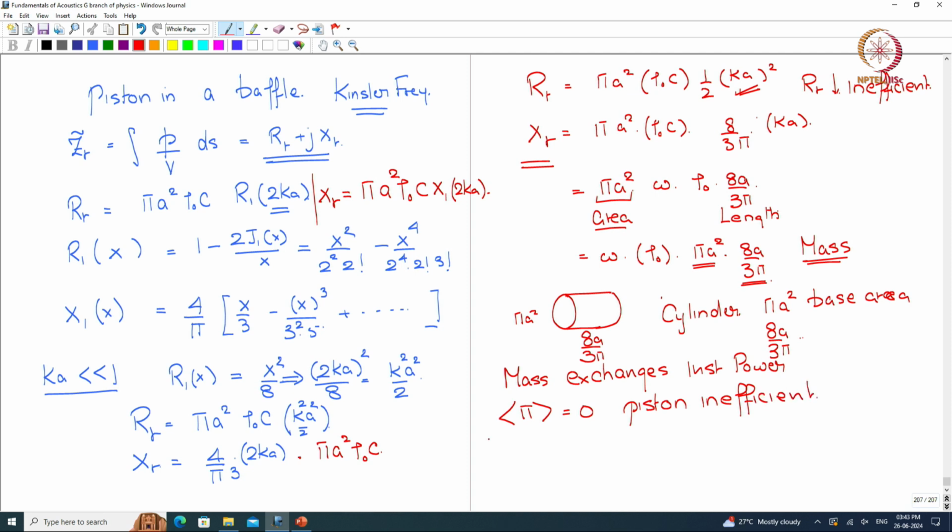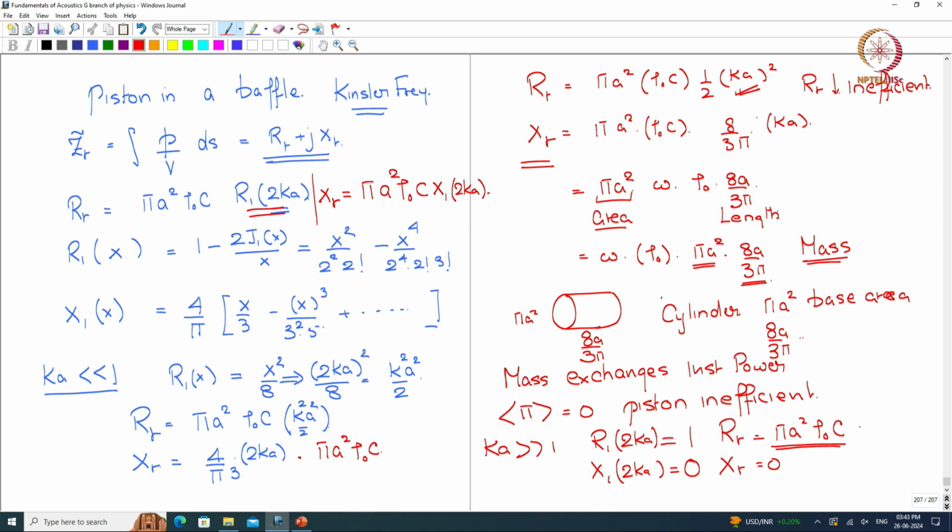Okay. For Ka much greater than 1, the R1 of 2 Ka is equal to 1. This value is 1, so that R of R is pi a square rho 0 C, and x1 of 2 Ka is 0, so that xr is 0, and R of R is pi a square rho 0 C. Okay.